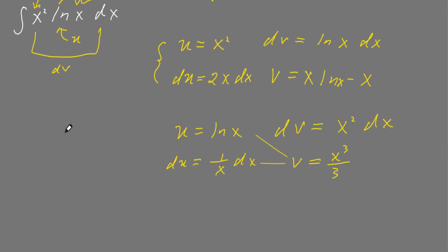So the original integral over here is going to become this times this, so you'll have x cubed over 3 times ln of x minus the integral of v du, which is minus the integral of this x cubed over 3 times du, which is 1 over x dx.